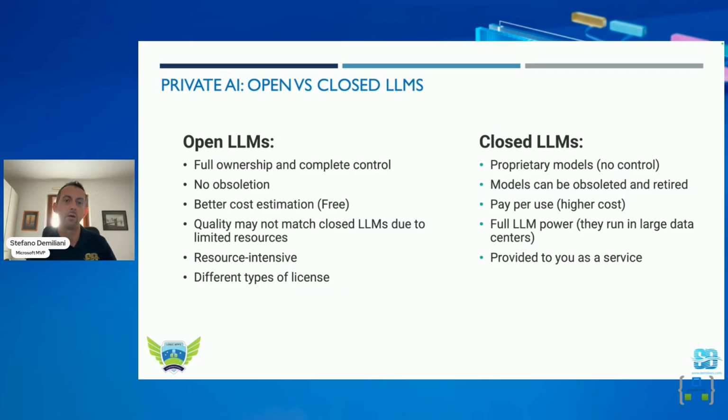Closed LLMs are models that are proprietary, so made by entities like Anthropic, like OpenAI, or different other vendors. These models can become obsolete, so a vendor can decide that a model is obsolete and then retire and substitute it with a new model, so you need to handle that. And usually these models are pay per use, so there's a higher cost because you pay for every token that you exchange, input and output, with these models.